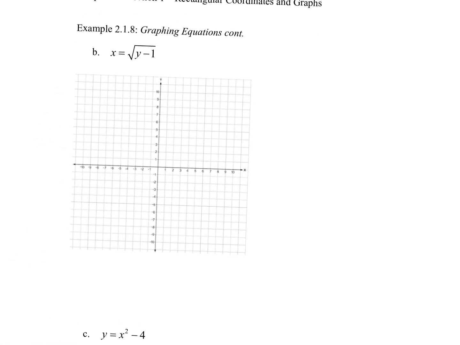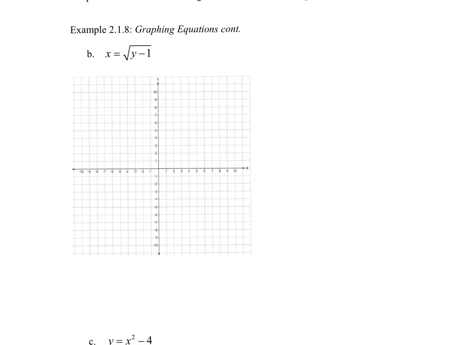Okay, so we're going to do this 2 more times. Okay, so let's do the next one. If I go find the x-intercept, we let y be 0. So x equals square root of 0 minus 1. X equals square root of negative 1.